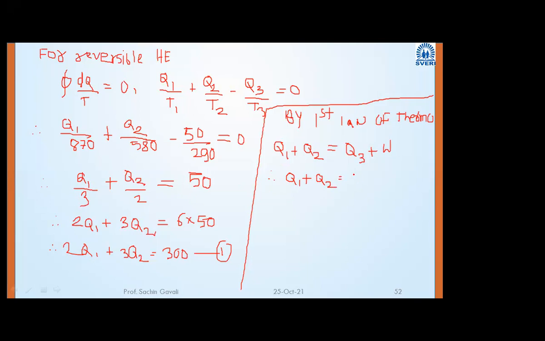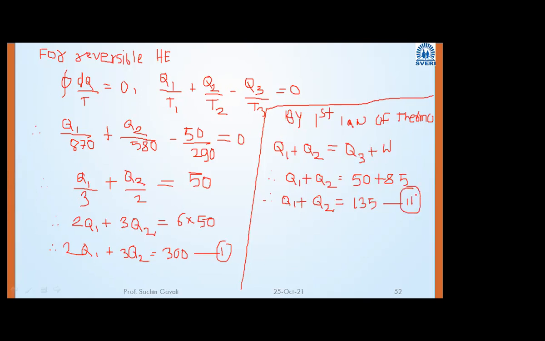Q3 किती आहे? 50. W how much? 85. हे आपण दिलेलं आहे त्याच्यामध्ये. Therefore Q1 plus Q2 is equal to 135. This is equation number 2.